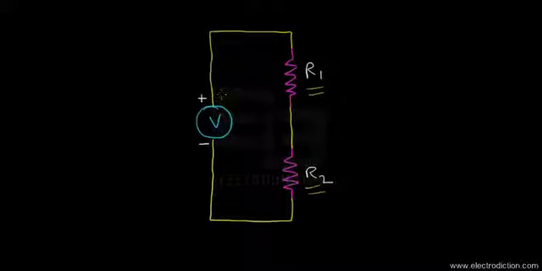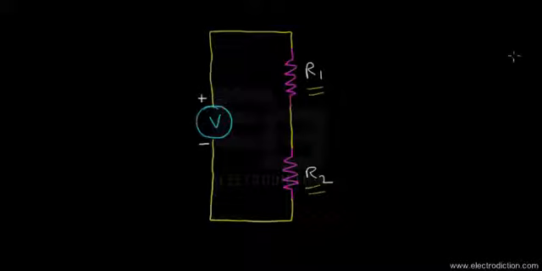This voltage divides itself amongst the two resistors, R1 and R2. We just took a very simple two resistor network so that you'll be able to grasp the concept much faster. Here we shall show how the rule works.